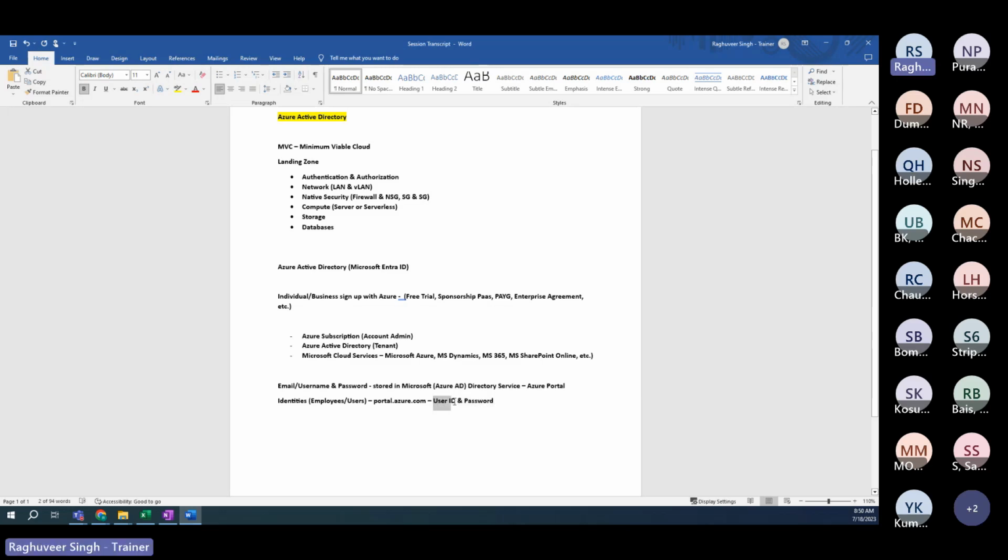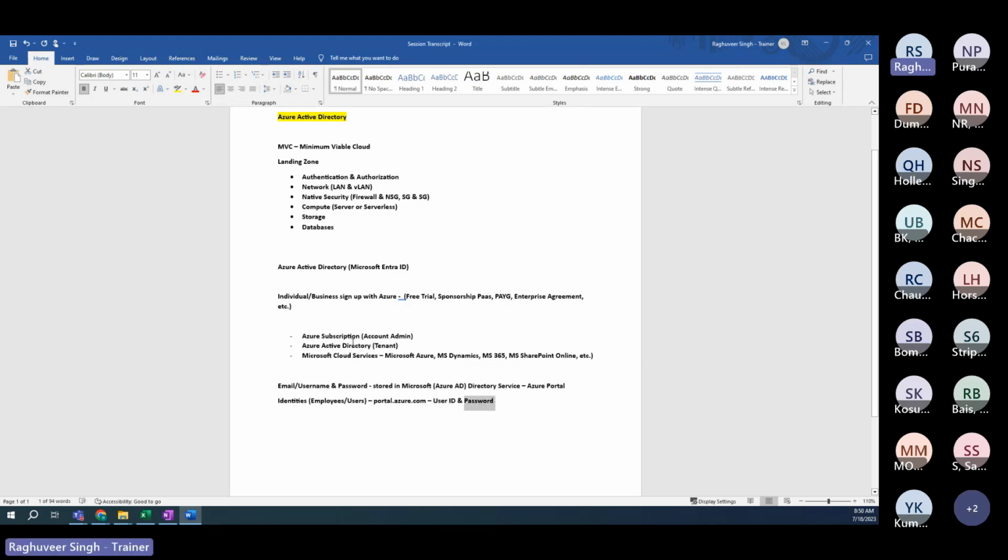When they type the user ID, this user ID is sent to Microsoft Azure Active Directory, which knows that this user ID exists in one of the Microsoft Azure subscriptions or accounts, which belongs to this specific customer. And then the information is sent to the Azure Active Directory tenant that the customer manages, and that tenant will validate whether this user ID exists or not. Once that tenant validates that the user ID exists, the next screen asks for the password.